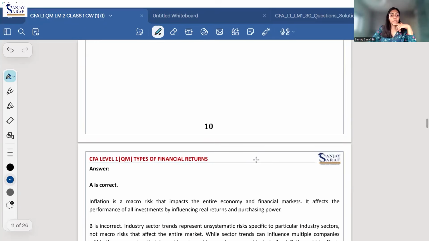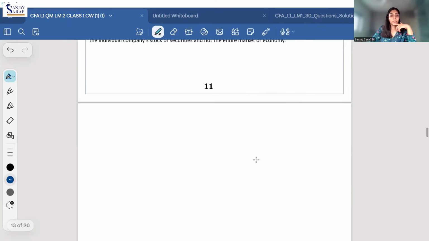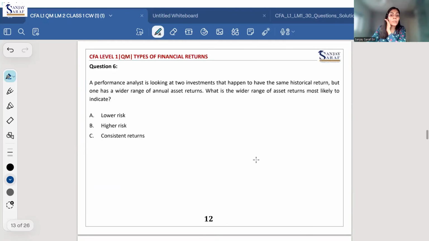Next question. A performance analyst is looking at two investments that happen to have the same historical return, but one has a wider range of annual asset return. I hope all of you are okay with range. क्या होता है?